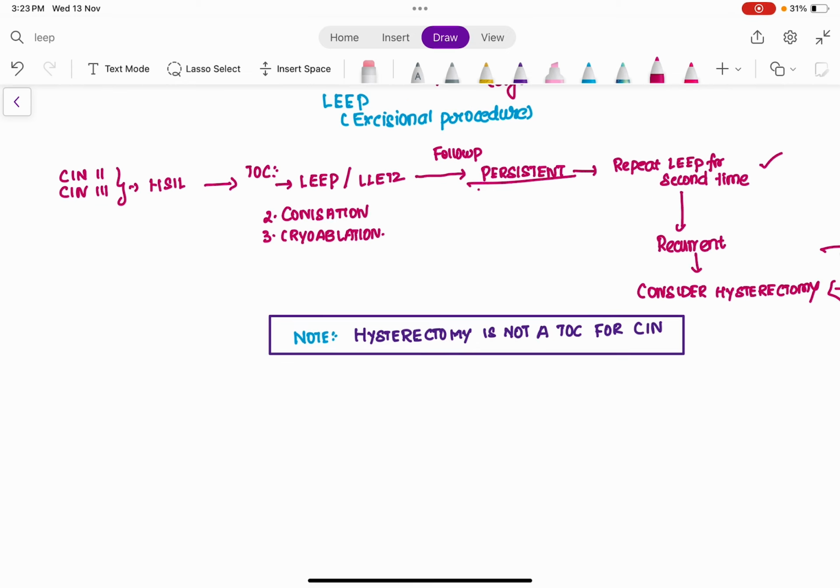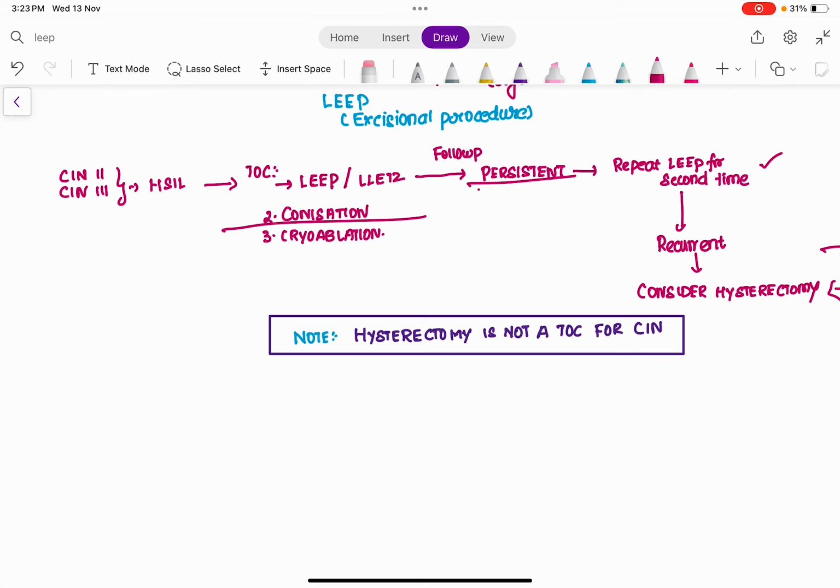The other excisional procedures which are available are the conization or the cone biopsy. So 2 excisional procedures, that is the LEEP, LLETZ and the conization, and you can also have cryoablation as an option in CIN2 and 3.